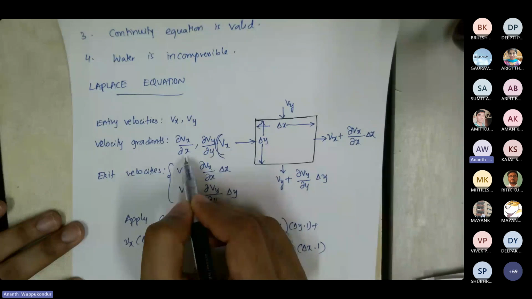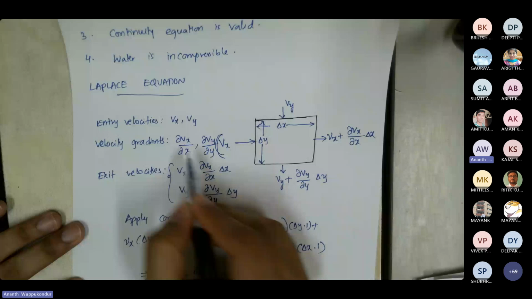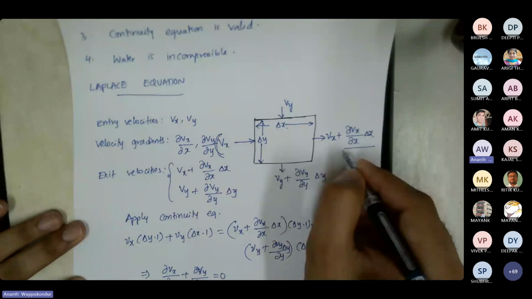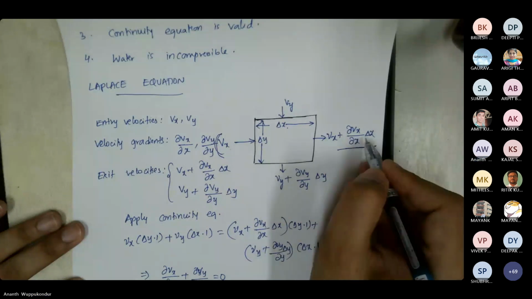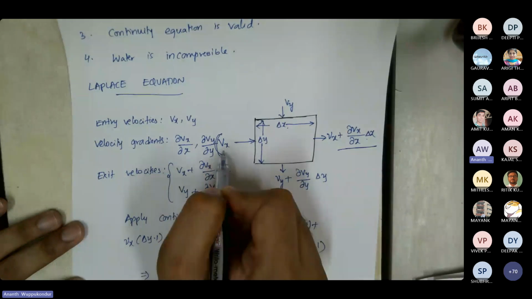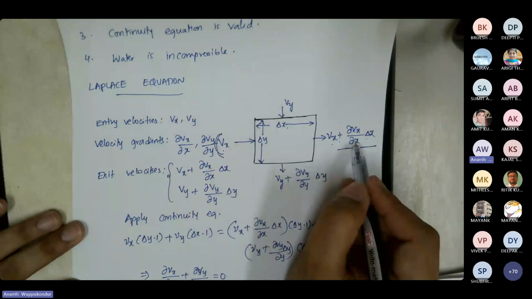So the change in velocity is ∂v/∂x, and since the fluid is traveling a distance of delta x, then the new velocity would be Vx plus ∂v/∂x multiplied by dx. So we have an entry velocity of Vx, and an exit velocity of Vx plus ∂v/∂x delta x.